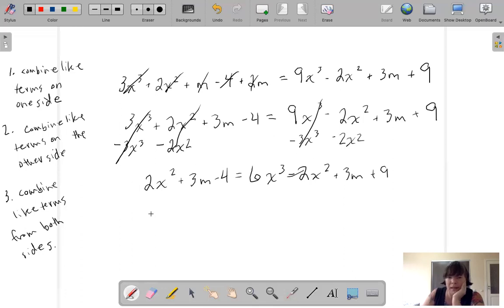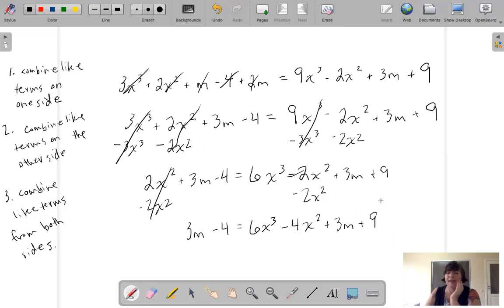Now I've got, oh, sorry, I should have been doing that here. 2x squared minus 2x squared. Now I've got 3m minus 4 equals 6x cubed minus 4x squared plus 3m plus 9.